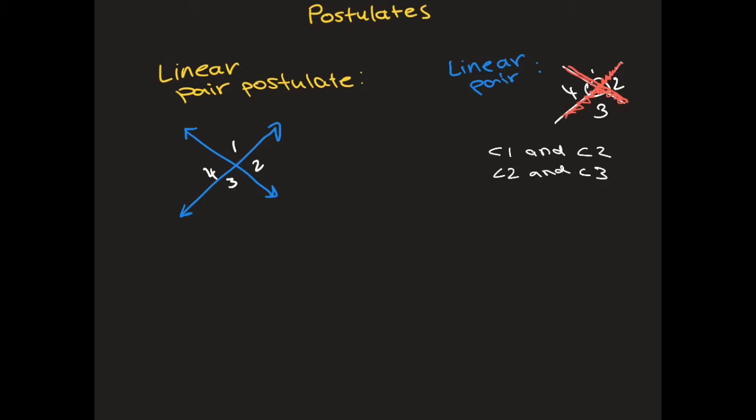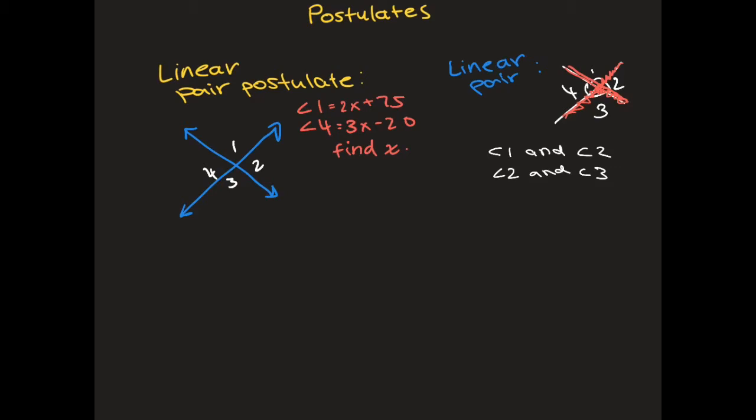We're given that angle 1 is equal to 2x plus 75, and angle 4 is equal to 3x minus 20, and it's asking us to find x.